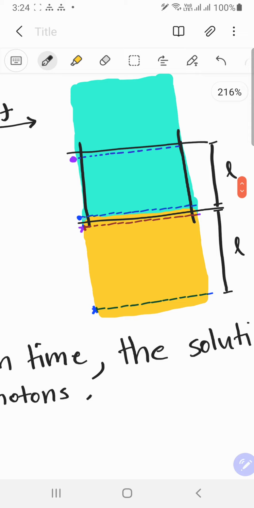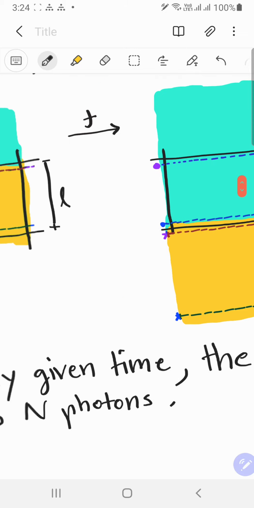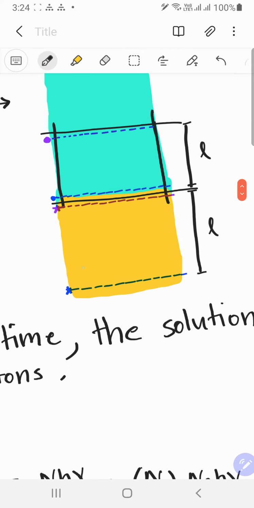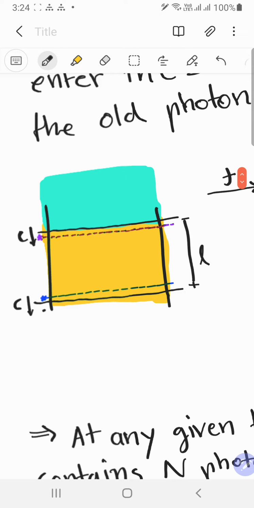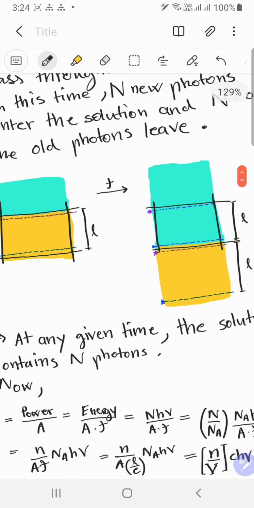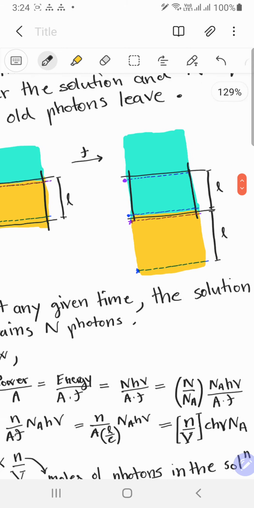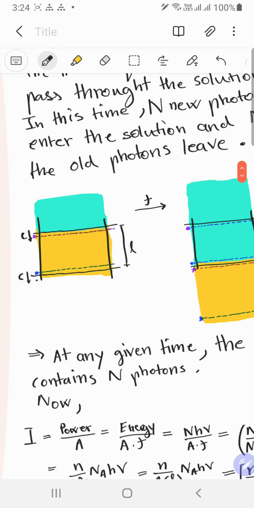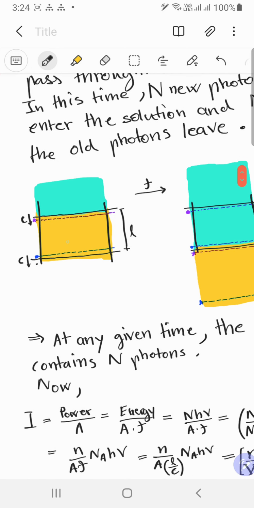Similarly the same thing for this blue line, it is going to go L distance as well. So all of these old photons will leave the solution in the given time t, and N new photons will enter it. So what that means is at any time the solution contains capital N photons inside it.